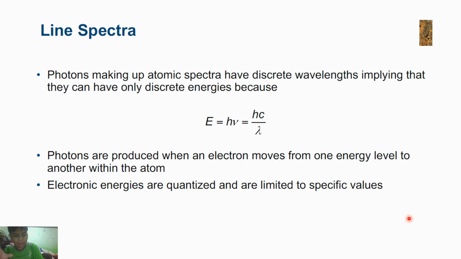You can apply this when electrons move from a lower orbital to a higher orbital. The energy must be discrete and specific. If you start in the N1 orbital and move to the N2 orbital, the required amount of energy is a whole number, because electronic energies are quantized and limited to specific values.